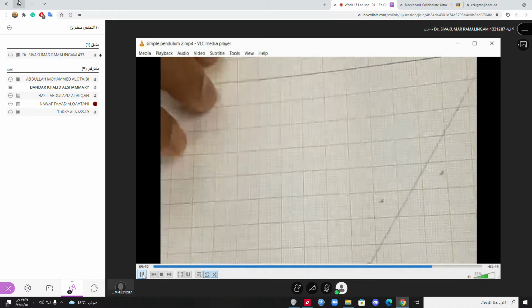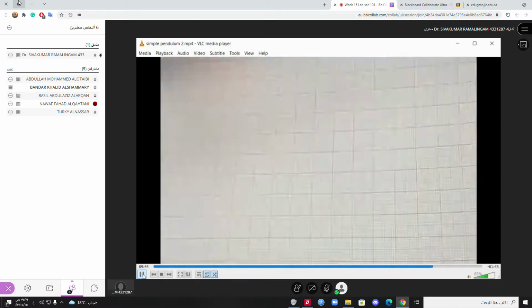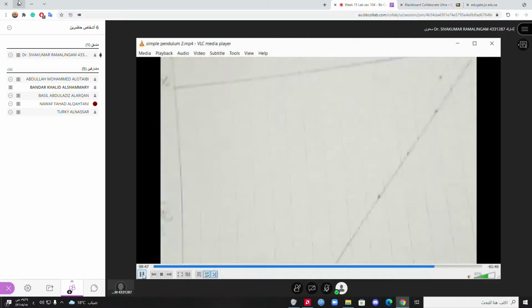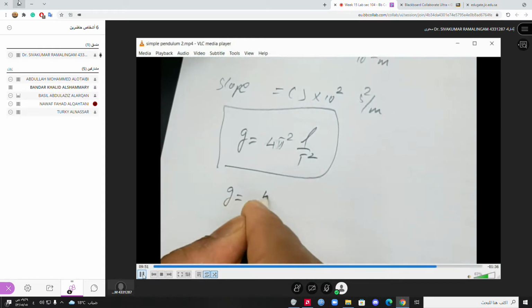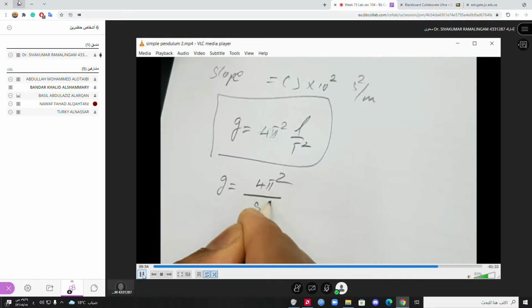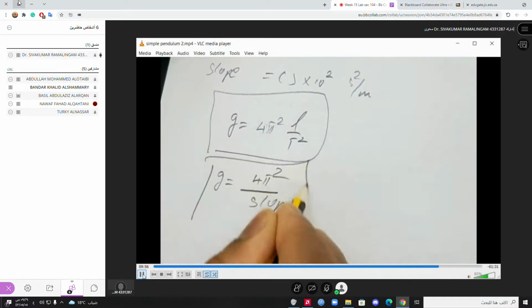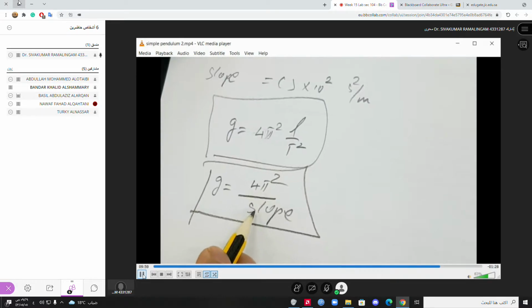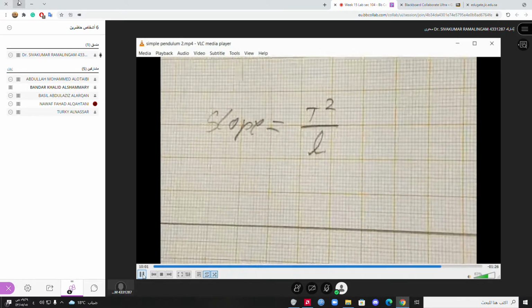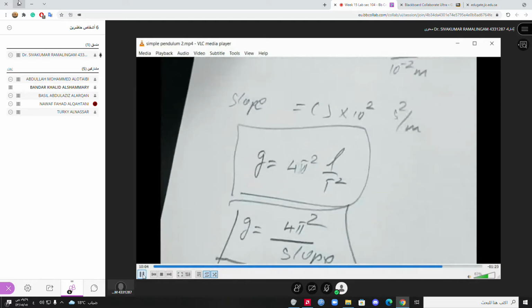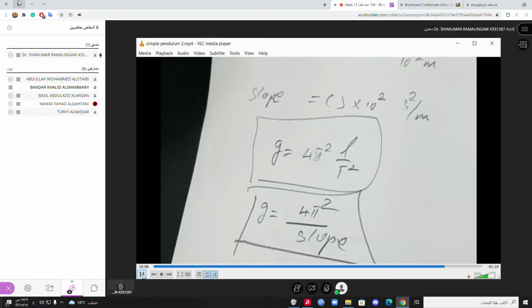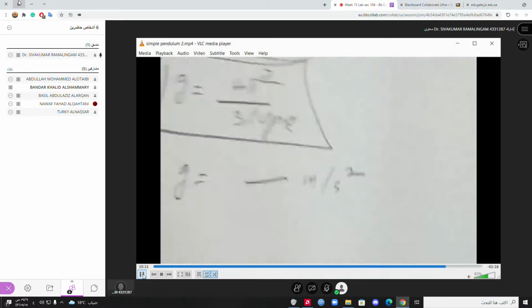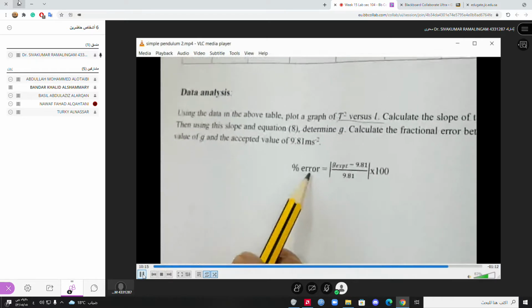Slope is equal to T square by L, here it is L by T square. So to calculate, 4 pi square over slope gives you the acceleration due to gravity. g equals something meter per second square. This is how acceleration due to gravity is determined. Come to the percentage of error.